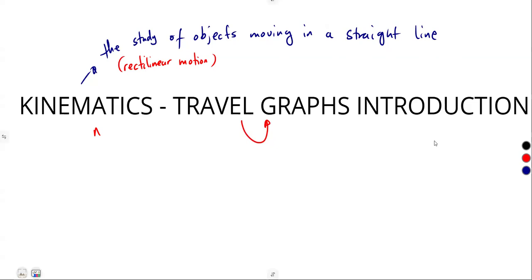In a straight line. That is the rectilinear motion. And this happens with uniform acceleration. So this is the major case that you have on kinematics.